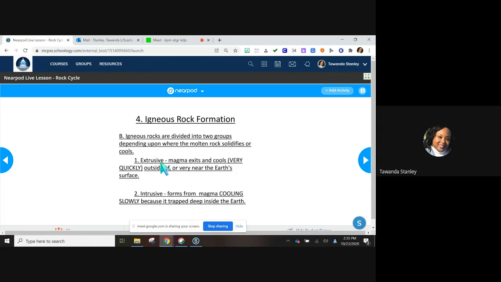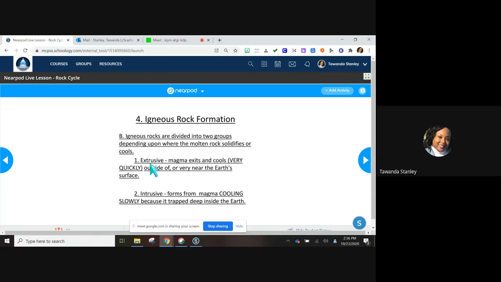An extrusive igneous rock is one where the magma exits and cools very quickly outside of or very near the Earth's surface. In class, I was telling the students to notice that the word extrusive begins with EX, and exit has EX.